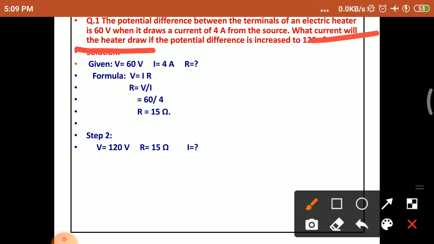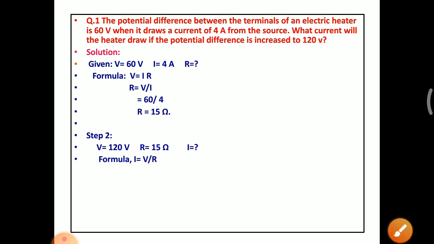So the resistance does not change. Now I am going to calculate the value of I. In the formula I equal to V by R, the value of V is 120 and the value of R is 15.